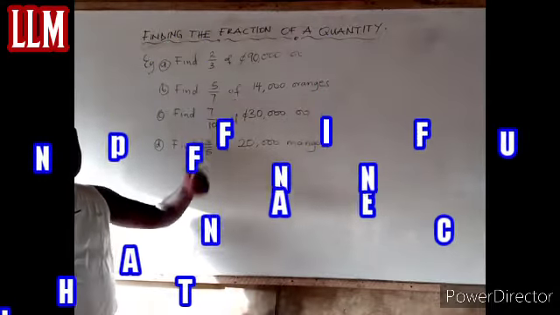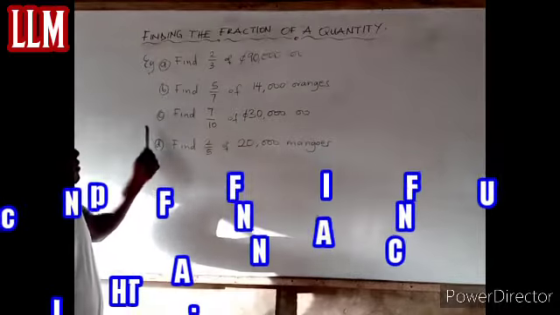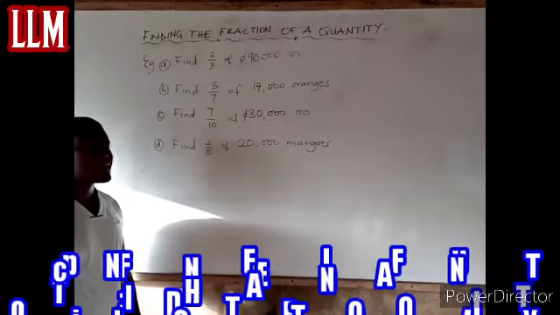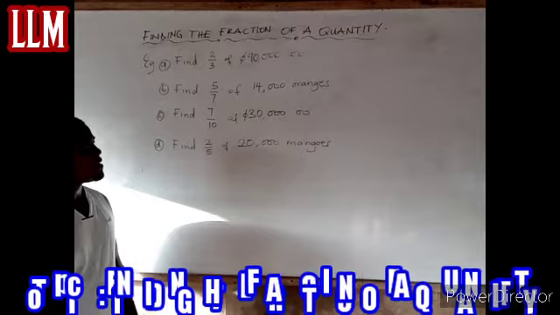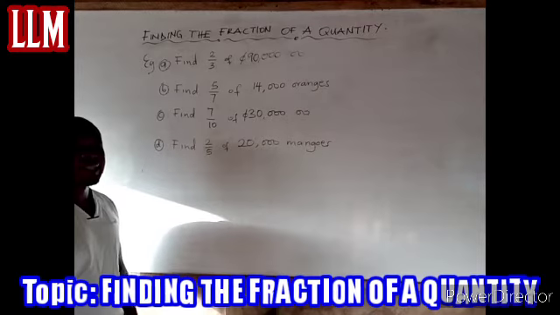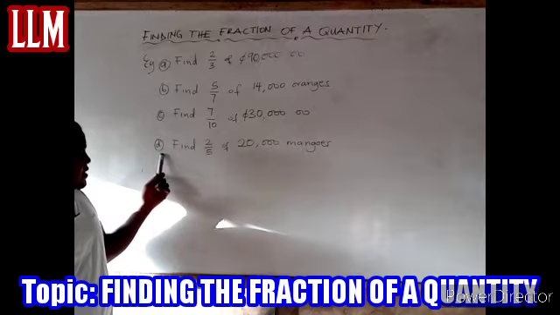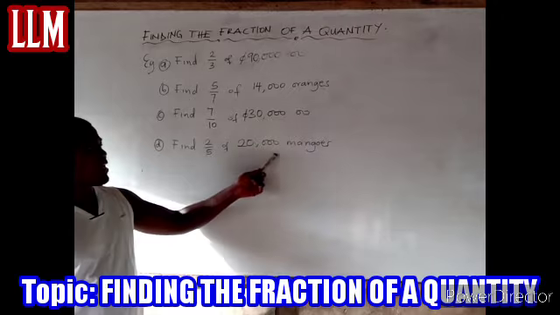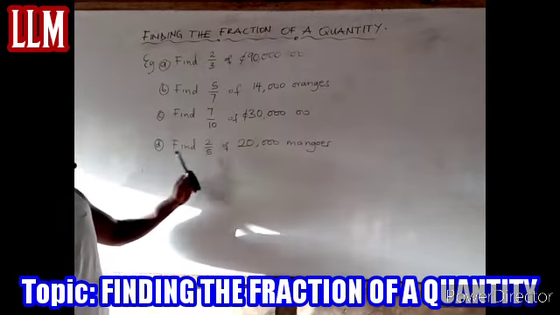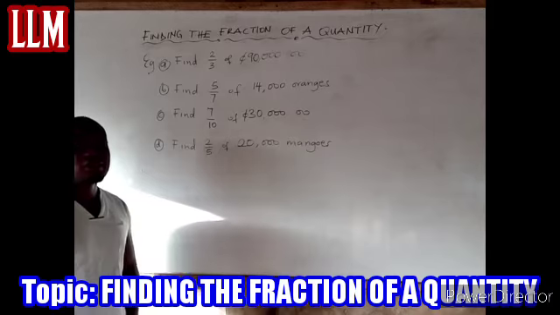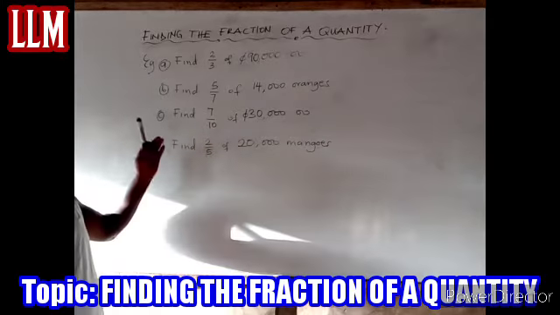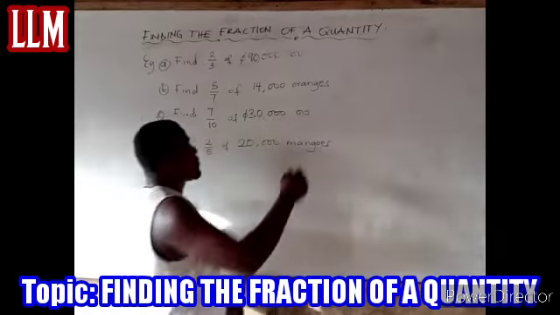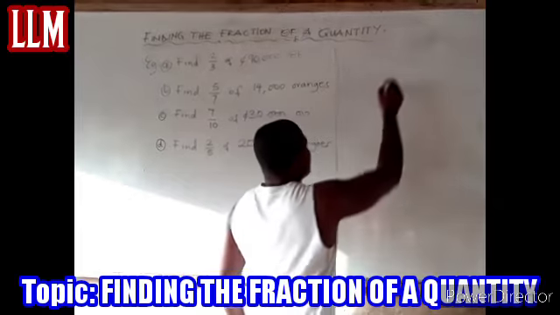C. We have to find 7/10 of 30,000 cedis. And the D is find 2/5 of 20,000 mangoes. And we are going to solve these one by one for you to understand the topic better. Now let's move on to our solutions.